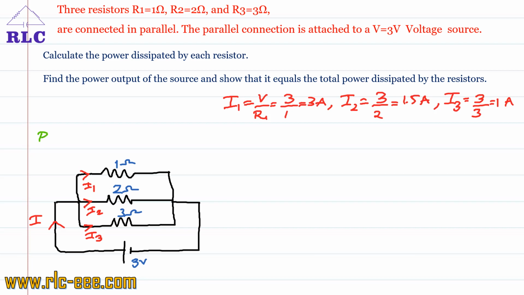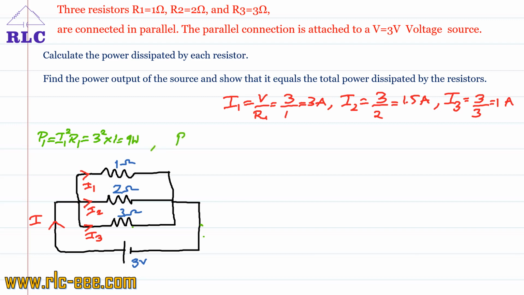So what is the power equation with respect to I? P is equal to I square R, correct? So we can write P1 is equal to I1 square into R1. Just substitute all the values. You will get 3 square into R1, which is 1. You will get 9 watts.